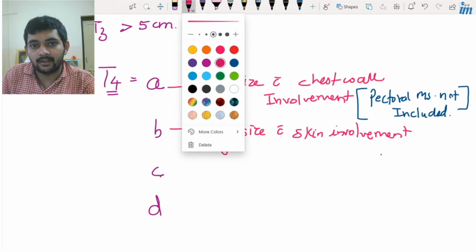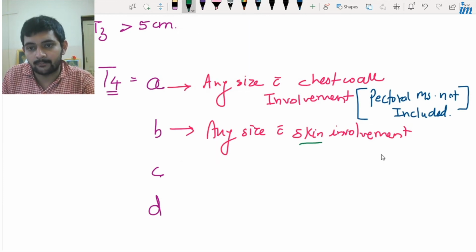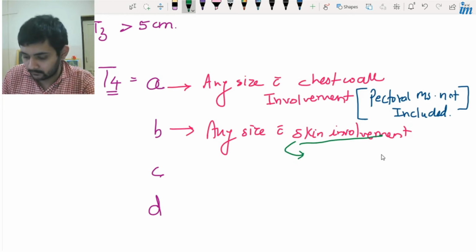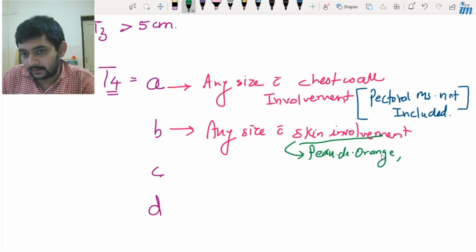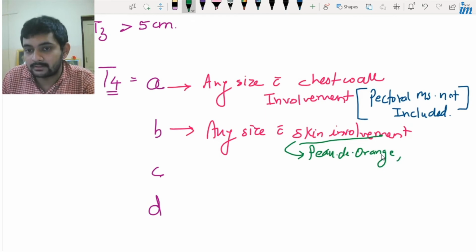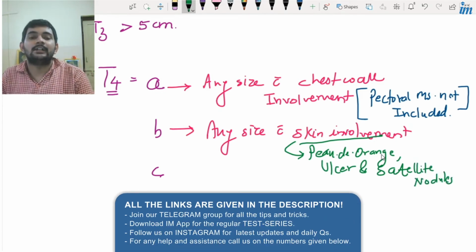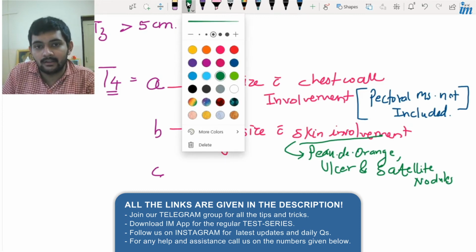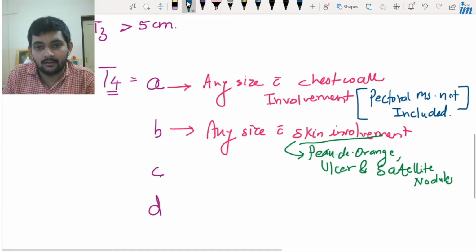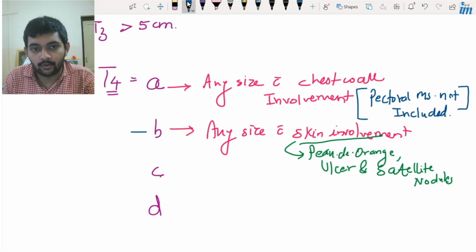Peau d'orange appearance, then an ulcer, and satellite nodules.